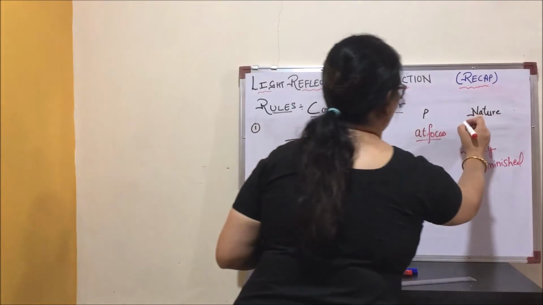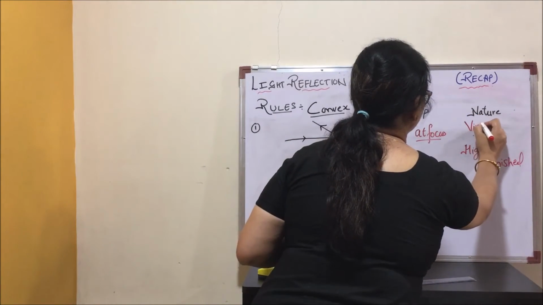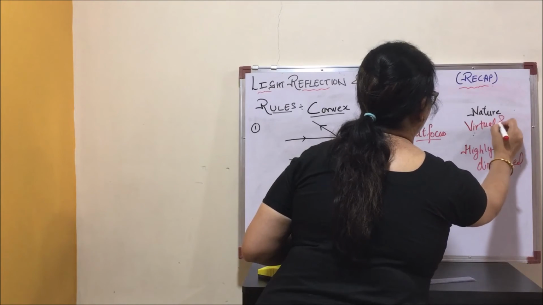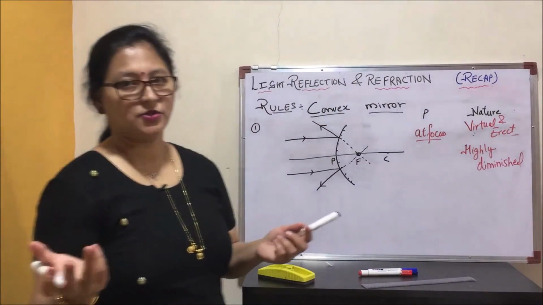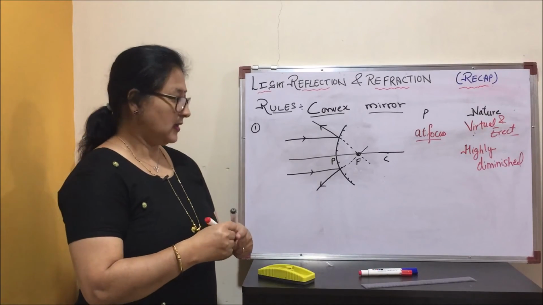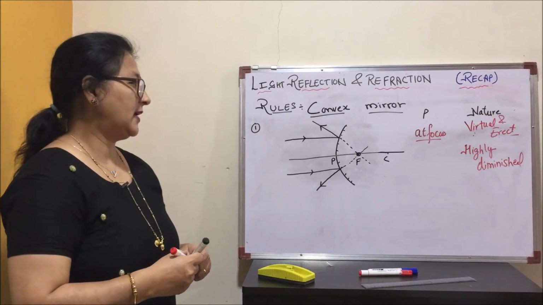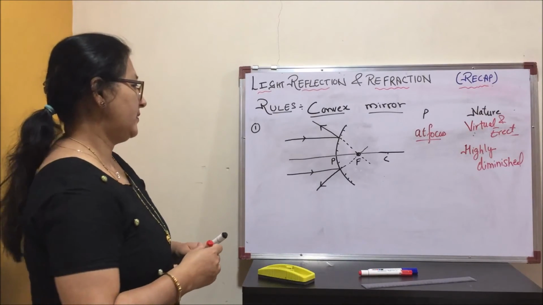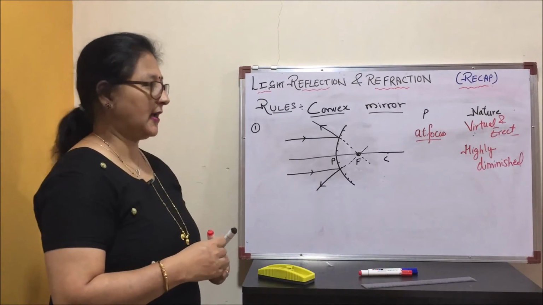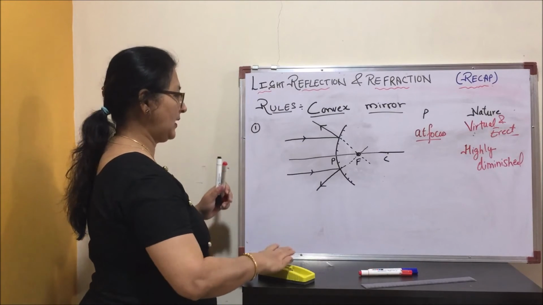So virtual and erect. Virtual and erect, these two words go hand in hand. This is all about the first ray diagram of convex mirror. Now let's do the second ray diagram of convex mirror, right?